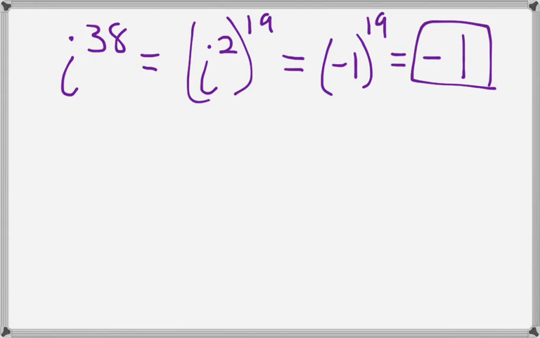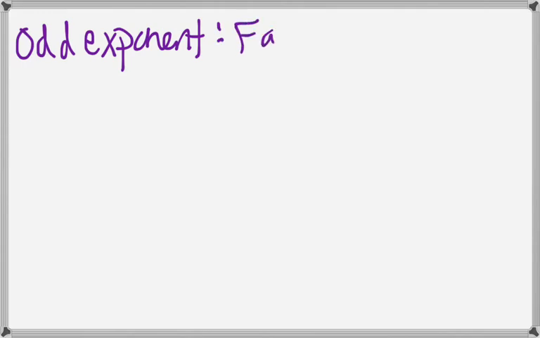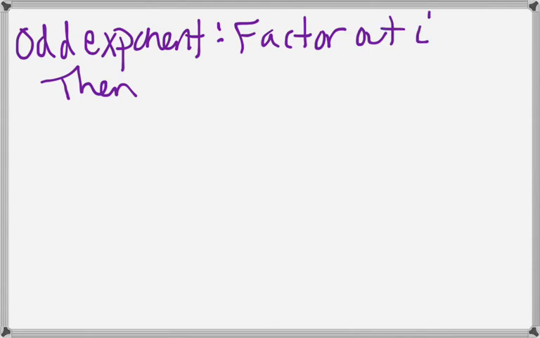Now what if we have an odd exponent? If you have an odd exponent on your i, what you're going to do is factor out an i. And then you're going to do the same thing we just did, because the remaining part will have an even exponent.